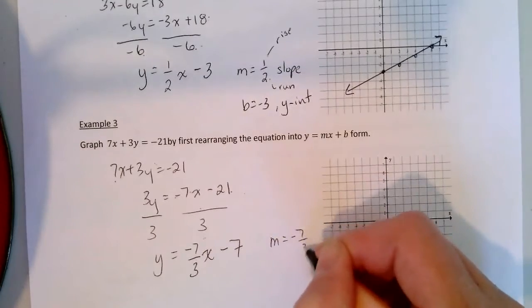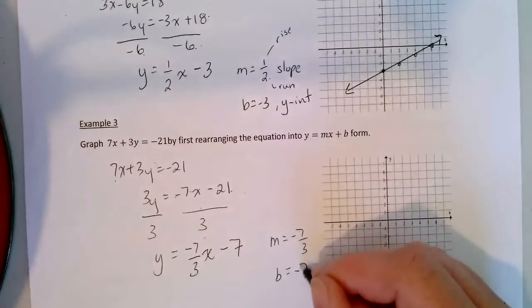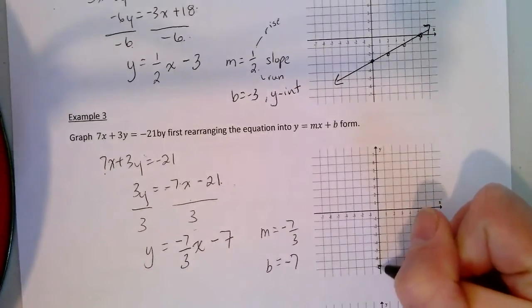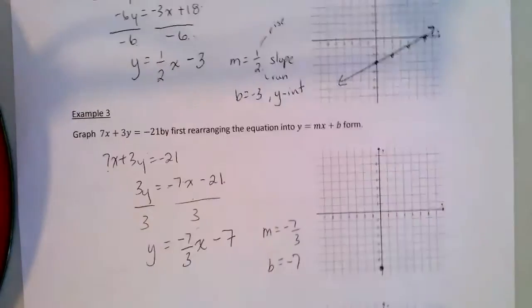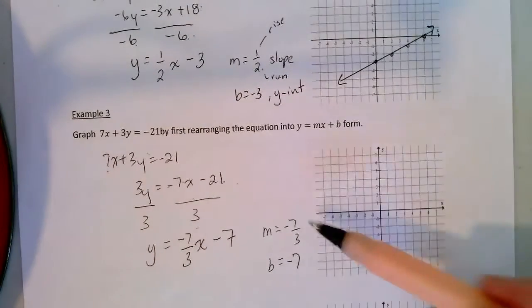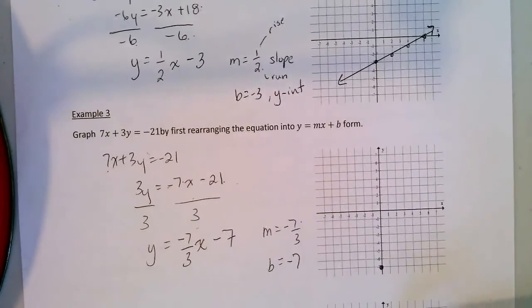So we have a negative slope, and we have a negative y-intercept. So to graph, we're going to go to our y-intercept at negative 7. And now I need to graph this. Now I've got a problem, because according to this, I'm going to go down 7 and forward 3. But that's going to take me right off my grid. So what you can do is you can do the complete opposite.